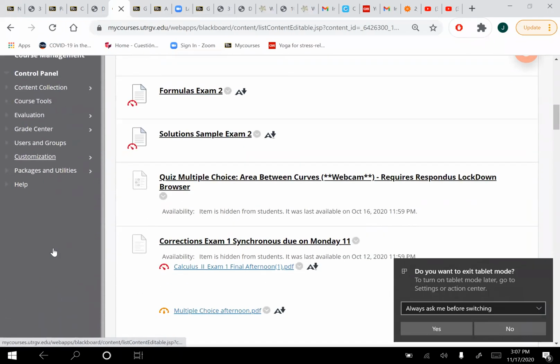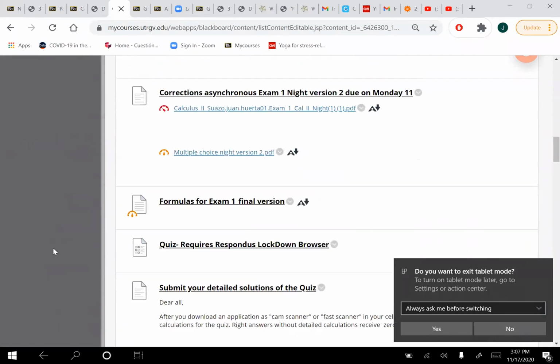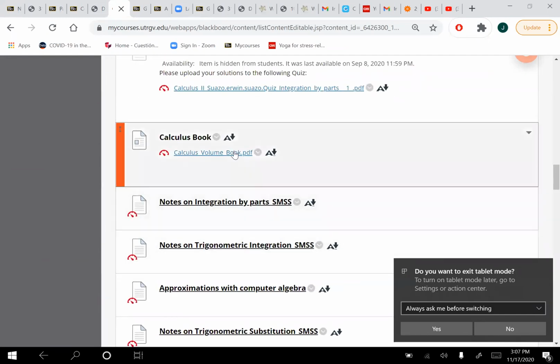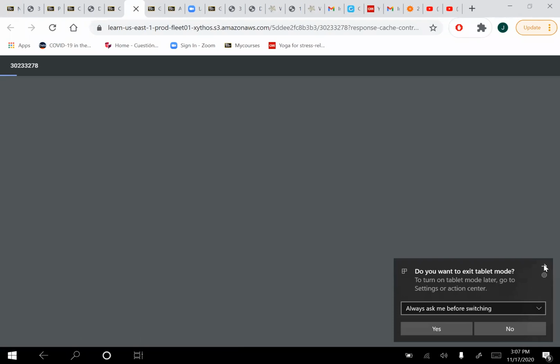In the book, you will see, and by the way, this is the last chapter of the book. So in our book, the only bad thing of this book is sometimes it has mistakes in the examples.